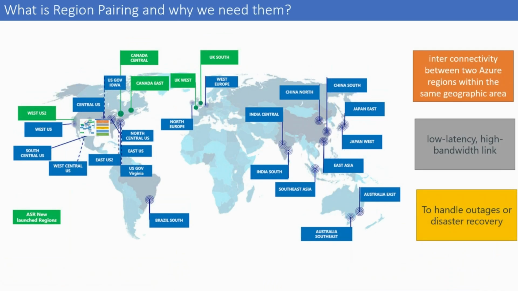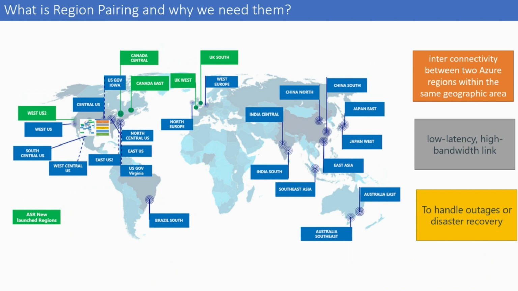Next, what is region pairing and why do we need it? Region pairing is an interconnectivity between two Azure regions within the same geographical area. They are connected with a low latency and high bandwidth link.